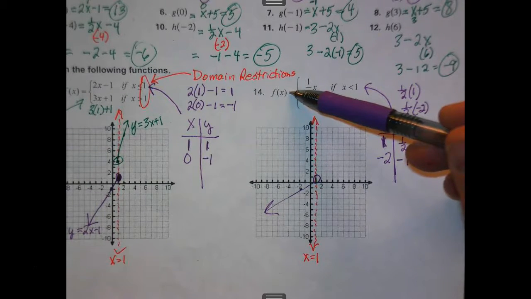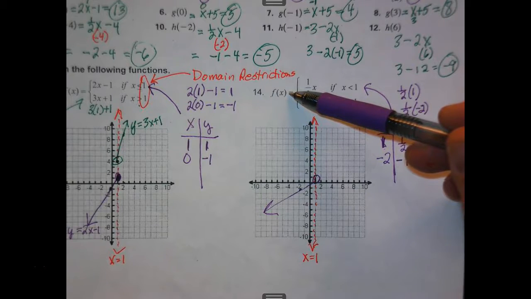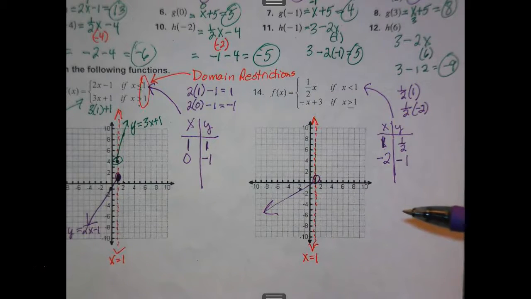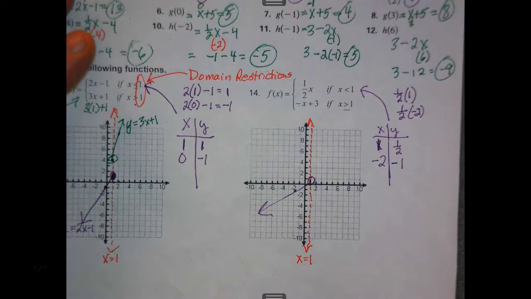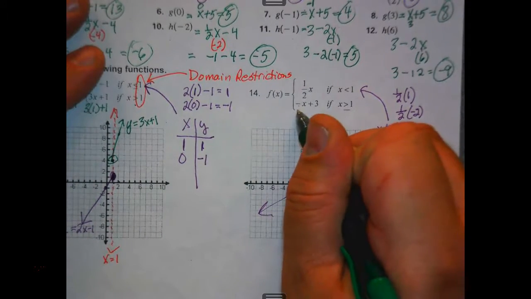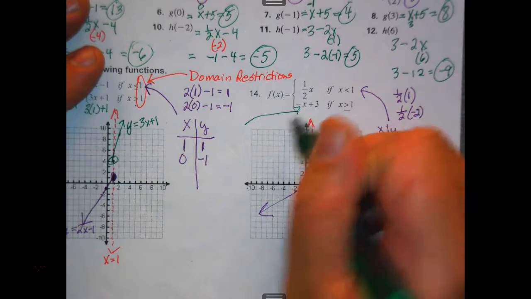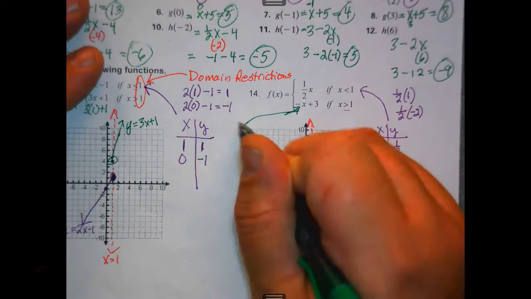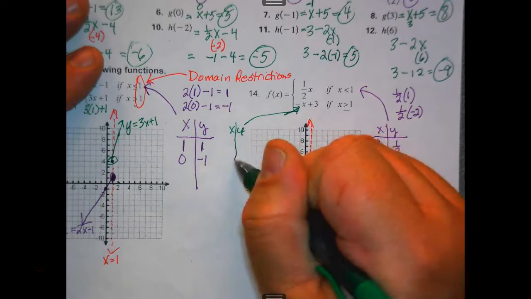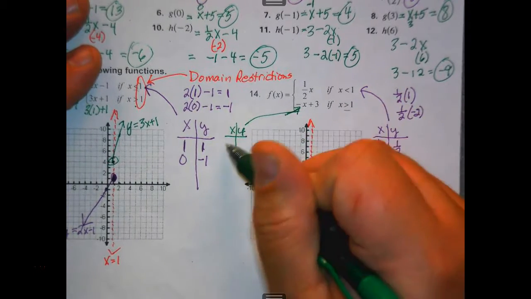Well, that's just the function notation for y. Okay. All right, let's do the other one. Let's get a chart for this guy. I'm going to use the point. I'm going to choose 1 for x.